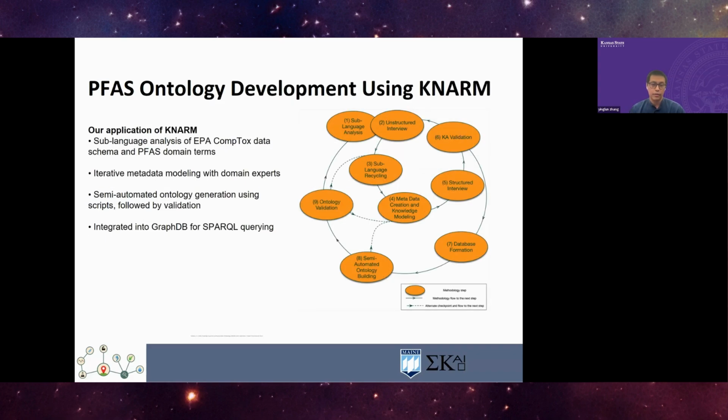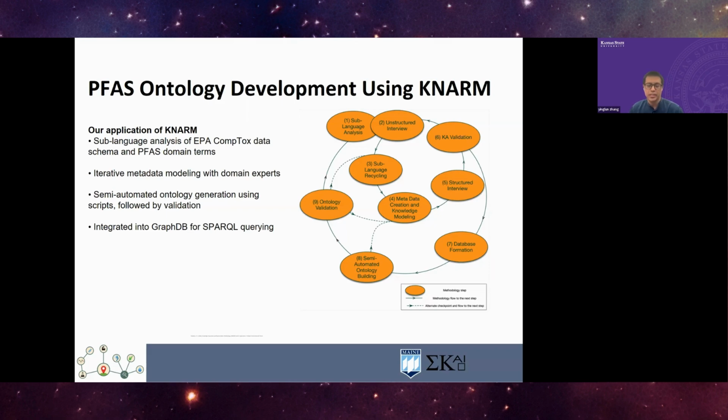For the ontology development, we follow the knowledge acquisition and representation methodology, or NeOn. NeOn is an agile iterative methodology with 9 steps, combining both manual and automated ontology building. In our case, we began with the sub-language analysis of EPA's ComTox data and PFAS terminology, and then we collaborated with domain experts through an iterative metadata modeling.